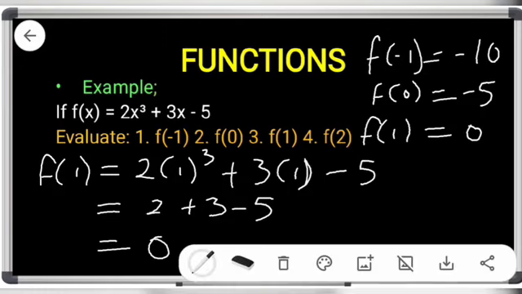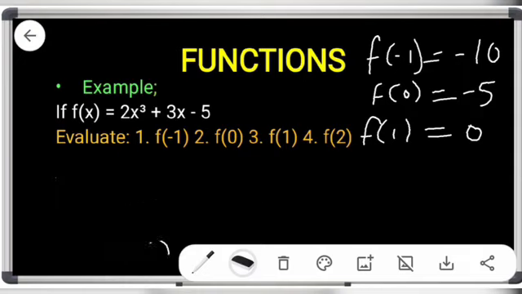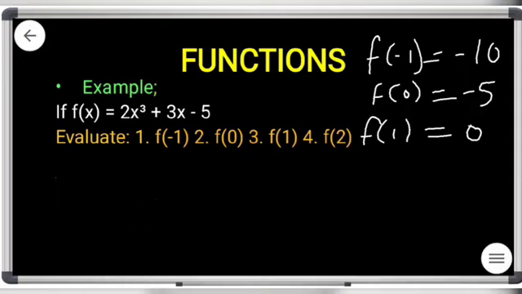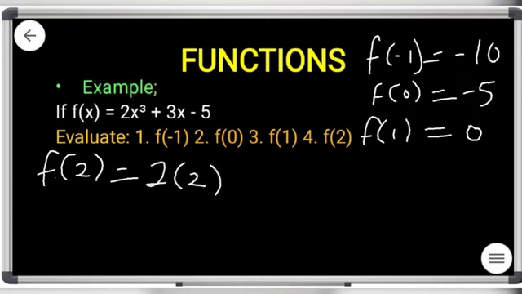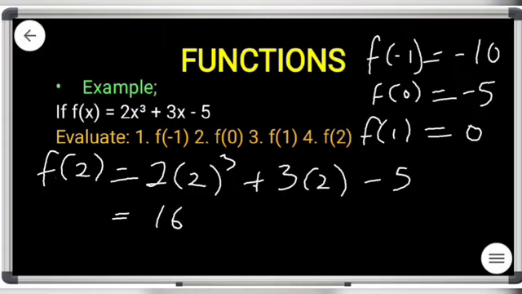And for the last one, we have f of 2. So f of 2 is equal to 2 times 2 raised to power 3, plus 3 times 2, minus 5. 2 raised to power 3 is 8. 8 times 2 is 16, plus 3 times 2 is 6, minus 5.